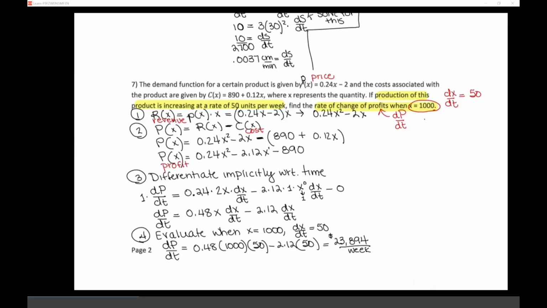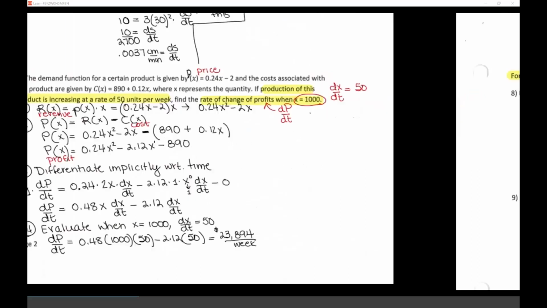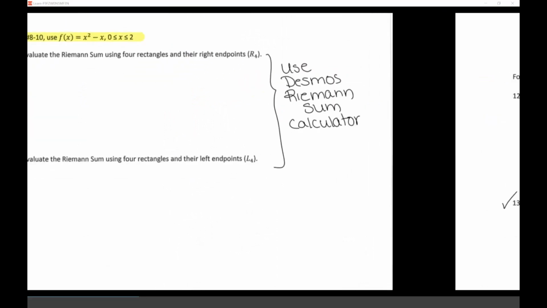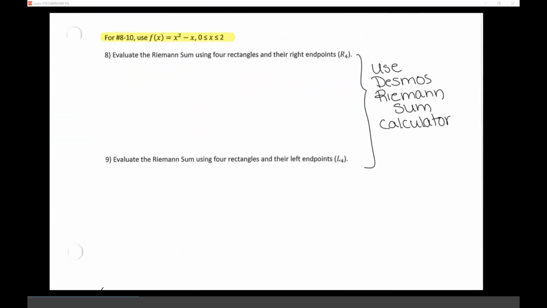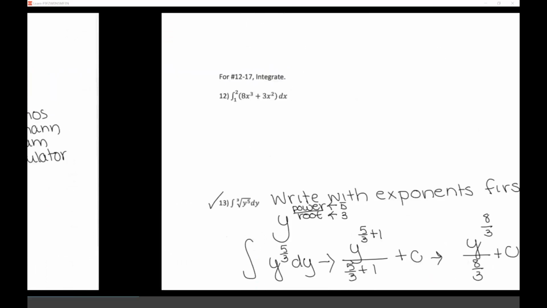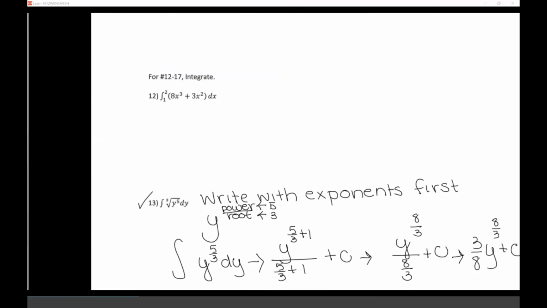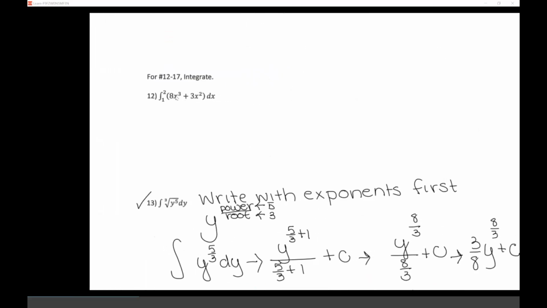There are a couple of the integration ones I wanted to show you, and I think that'll be good for today. Let me show you number 16. Again, Riemann sums, use the calculator. This one is a strict power rule over and over again, and then just evaluate it, upper bounds minus lower bounds.